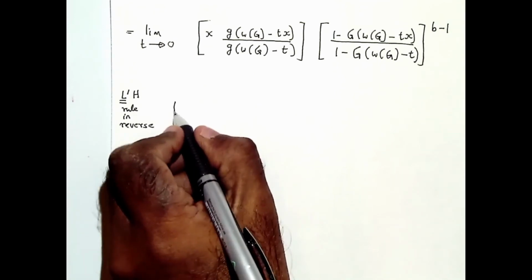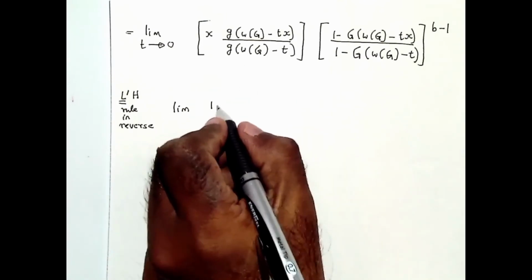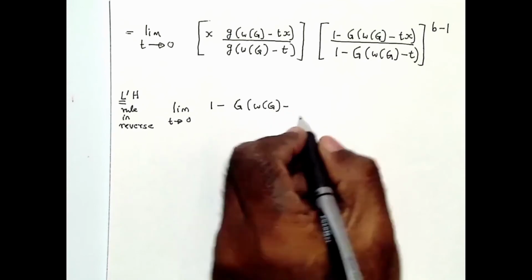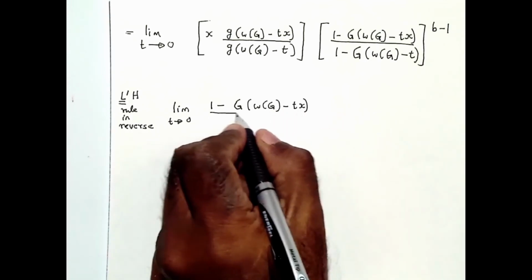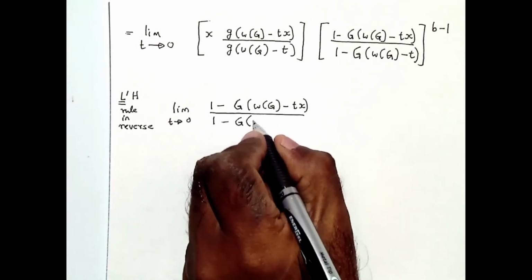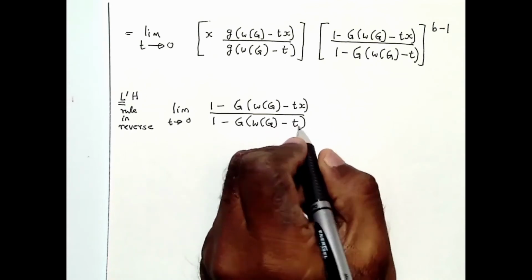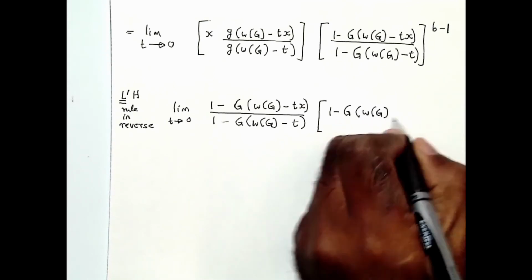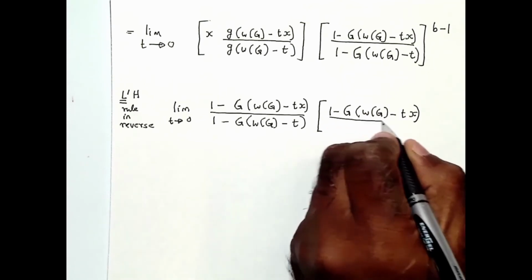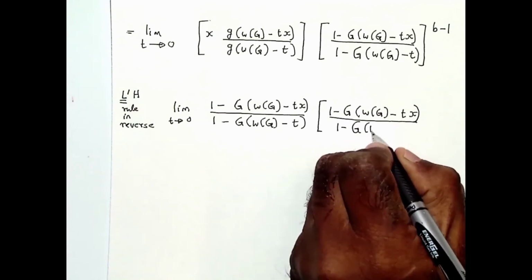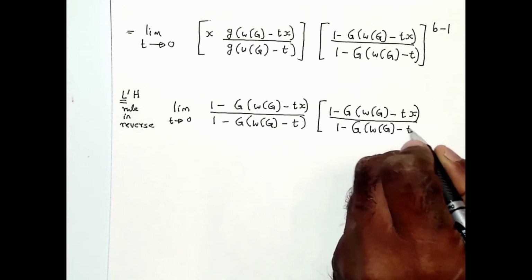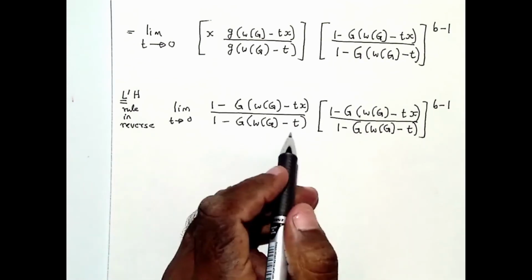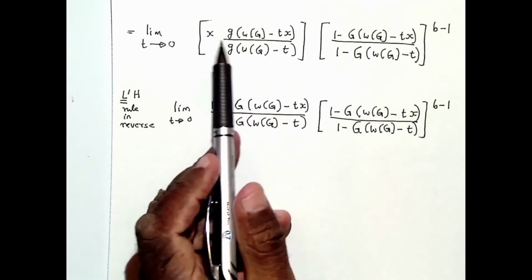What it means is the following: when you differentiate this and this with respect to t, you will get precisely what you have here and here.